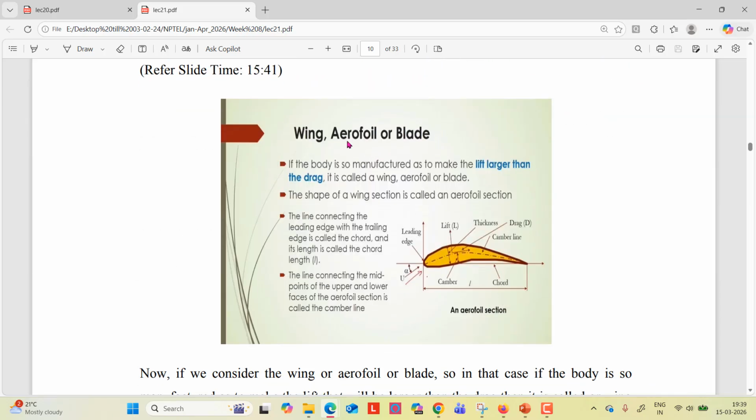So wing, aerofoil or blade: if the body is so manufactured as to make the lift larger than the drag, so you can see here, the normal pressure area is very less. There is no normal pressure drag.